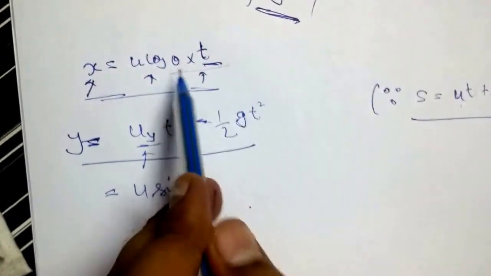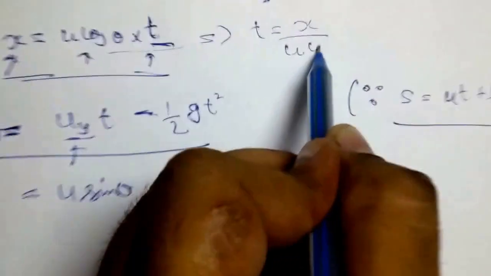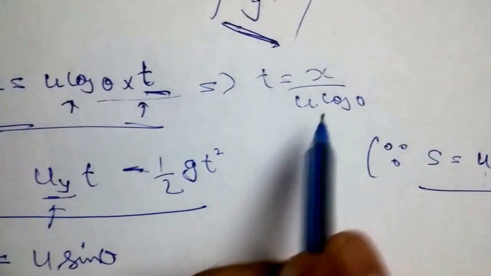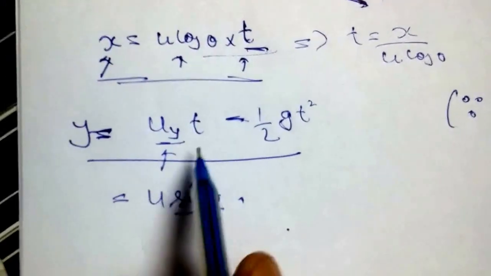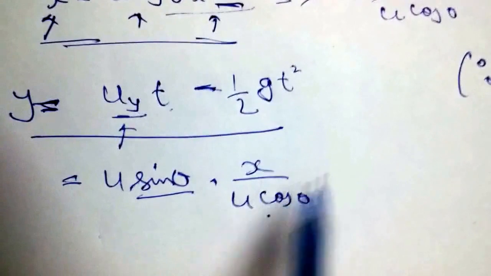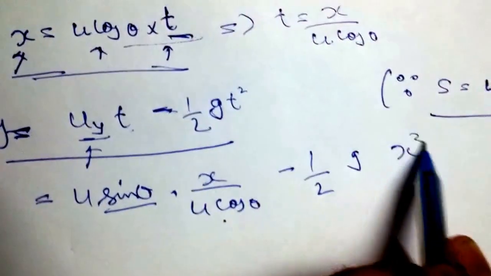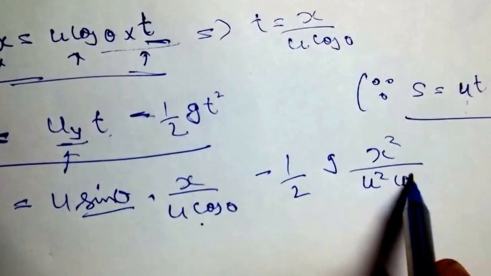Now from this equation I can say that t equals x upon u cos theta, so I simply need to put it here. u sin theta multiplied by t, that is u sin theta multiplied by x upon u cos theta, minus 1 by 2 g t square, that is x square by u square cos square theta.